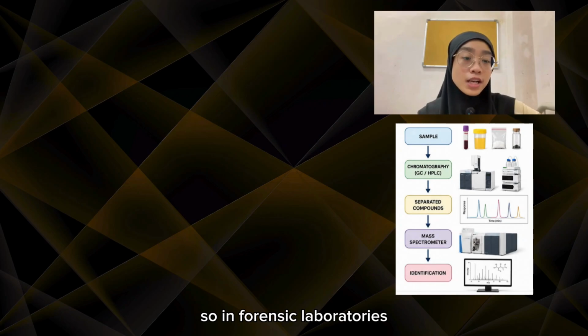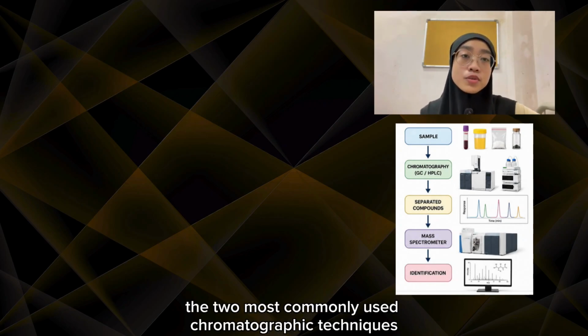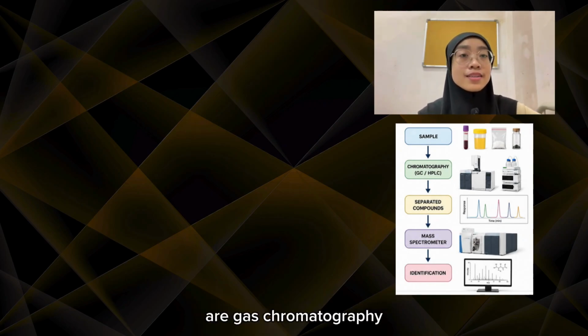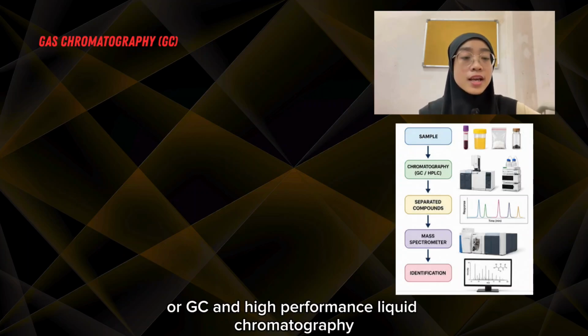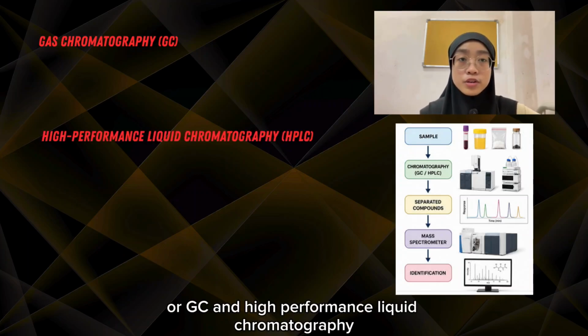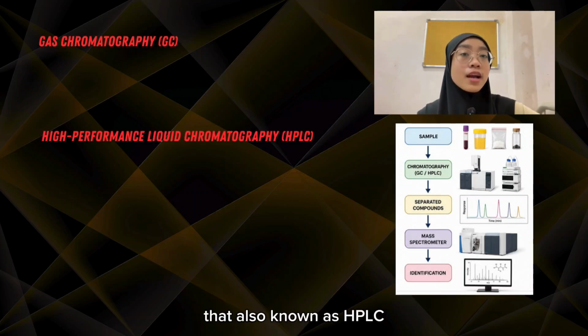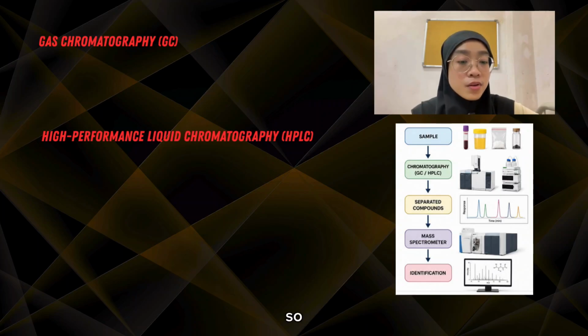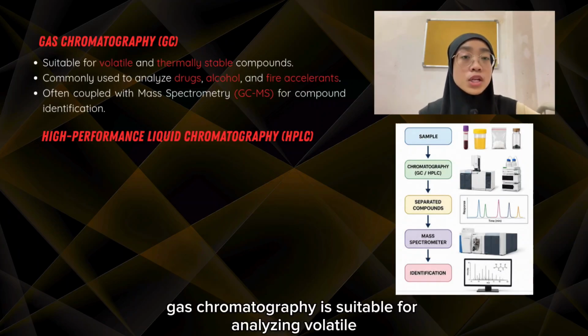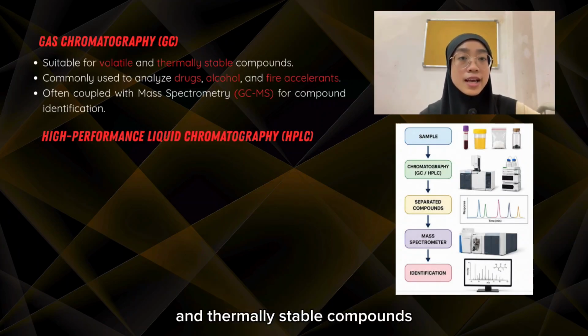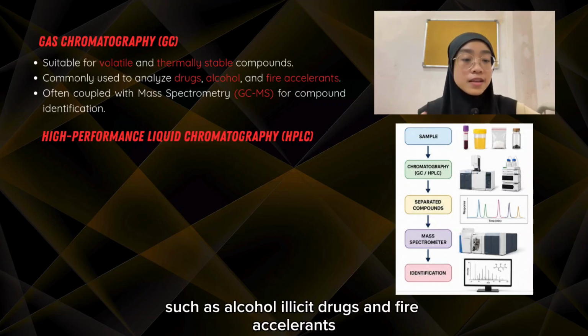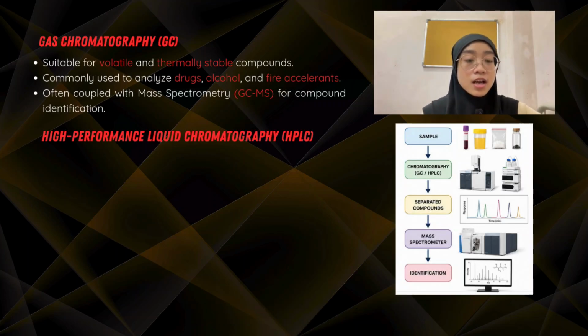In forensic laboratories, the two most commonly used chromatographic techniques are gas chromatography, or GC, and high-performance liquid chromatography, also known as HPLC. Gas chromatography is suitable for analyzing volatile and thermally stable compounds such as alcohol, illicit drugs, and fire accelerants.